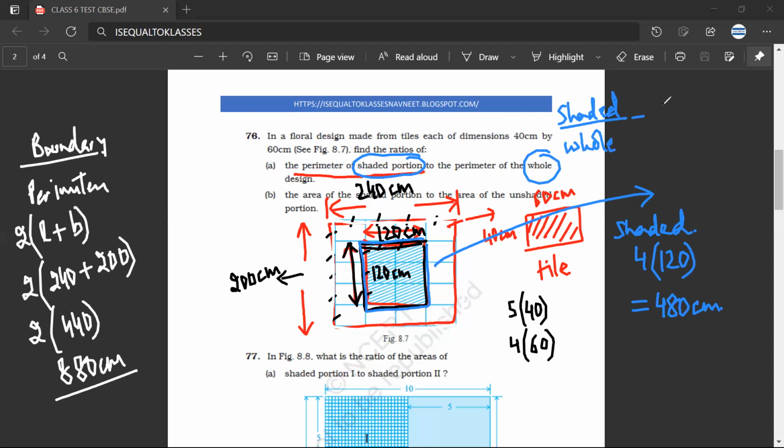So my shaded is 480 and my whole is 880. And I can cancel and find the final answer. 8 6 the 48, 8 11 the 88. 6 by 11 is the answer, Mr. Sarthak. Am I correct? Yes, sir.